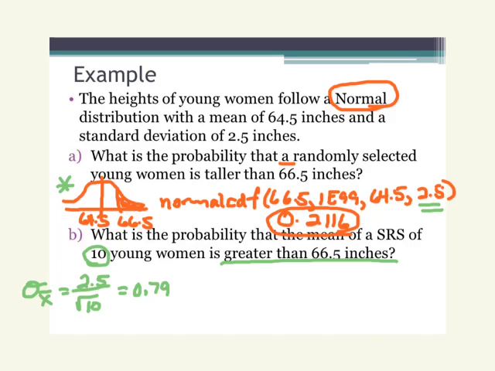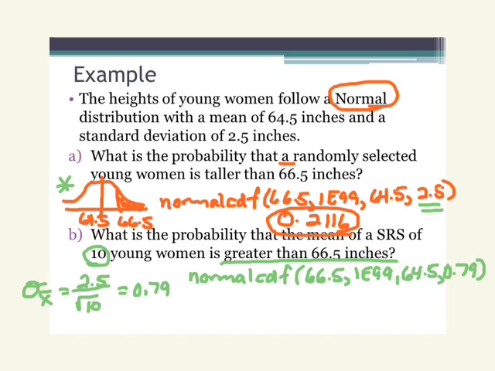So in this problem, working with a sampling distribution, we get a normal CDF of lower bound 66.5, upper bound 1E99 since I'm shaded to the right. The mean is still 64.5, and my standard deviation, which has become much less variable, is now 0.79.